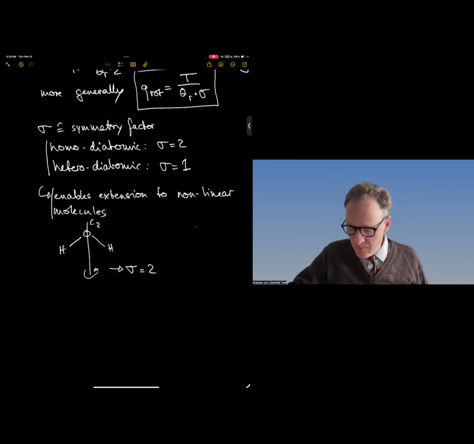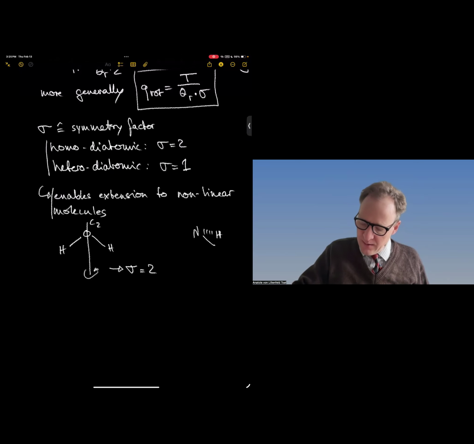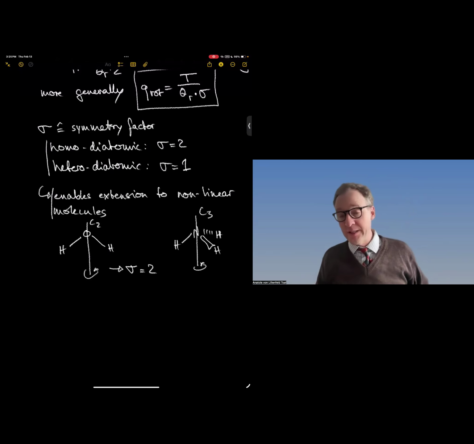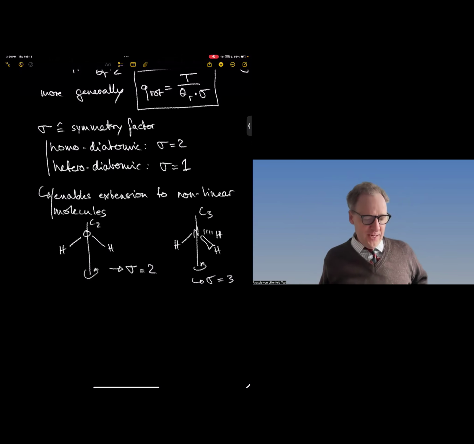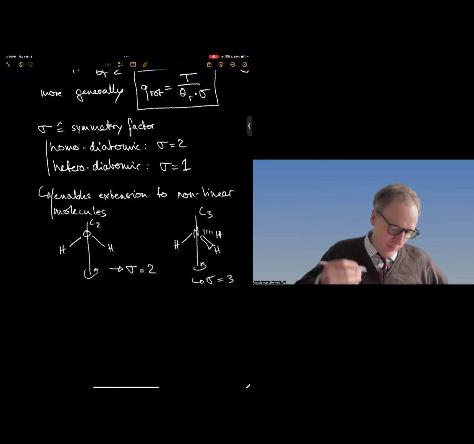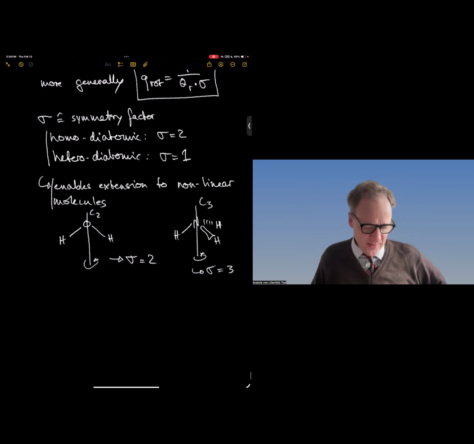Similarly, for ammonia, you would have a C3 axis for a rotation around this axis, leading to a symmetry factor of 3. Now, as you add more atoms, this can become more complicated.